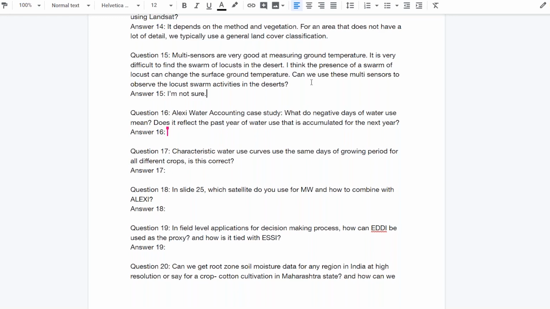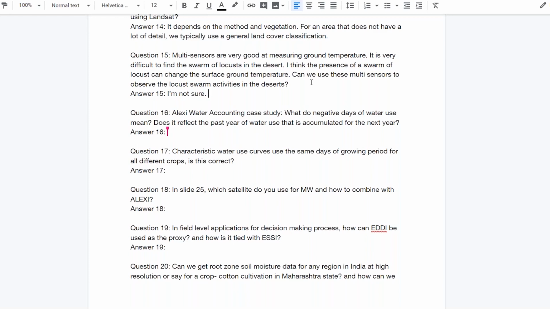We have seen people start to look at trying to characterize moisture conditions to see where swarms of locusts are likely to be, or where breeding may be more optimal. But I'm not aware of anyone using actual remote sensing to look at changes in temperature due to swarms. But I can ask around, and if I come back with anything... I imagine if you get a dense enough swarm, that might be possible, but you might also be limited by the resolution of what we actually sense thermally right now.